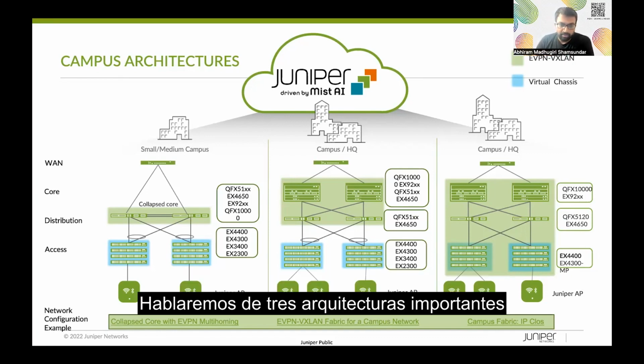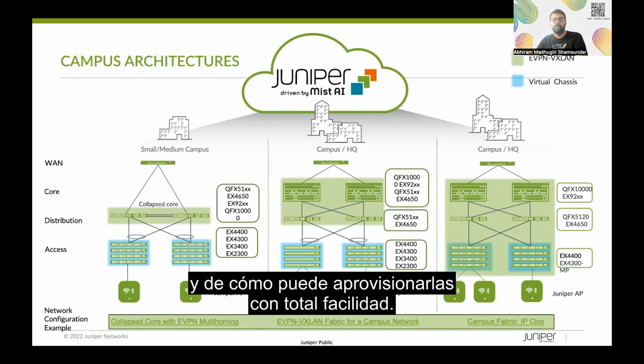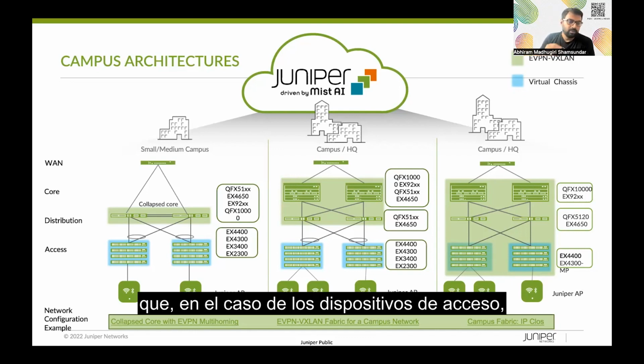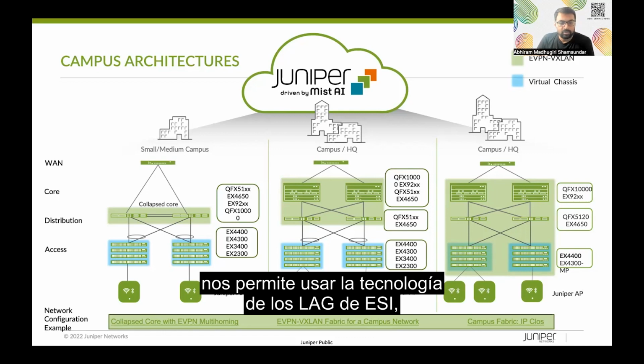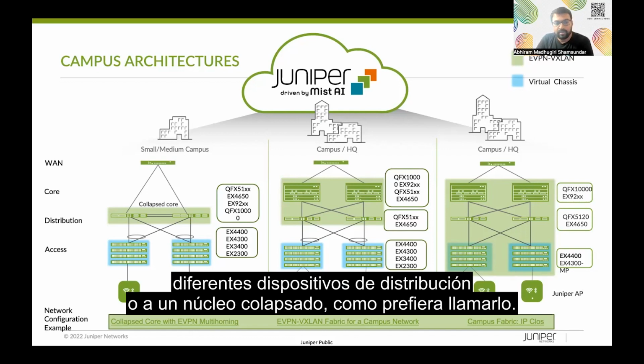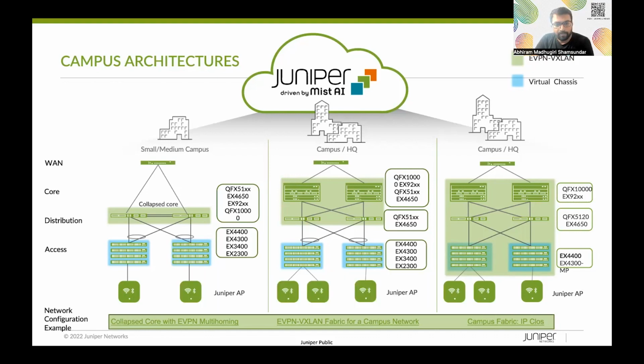We'll talk about 3 important architectures and how you're able to very easily provision them. The first one is EVPN multi-homing. This is our ability to use the technology of ESI LAG, or Ethernet Segment Identifier LAG, from an access device perspective, connecting to 2 different distribution devices, or a collapsed core, as you may call it.